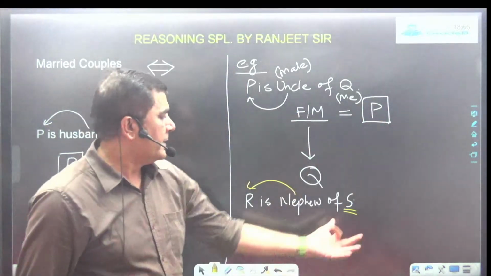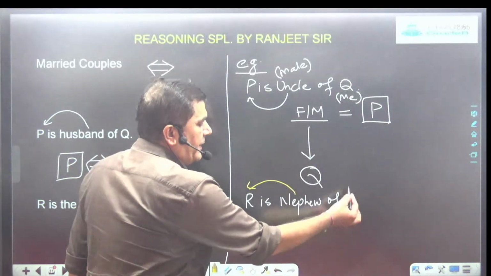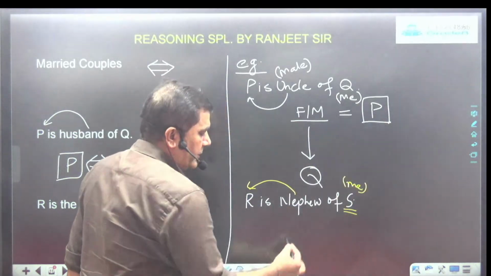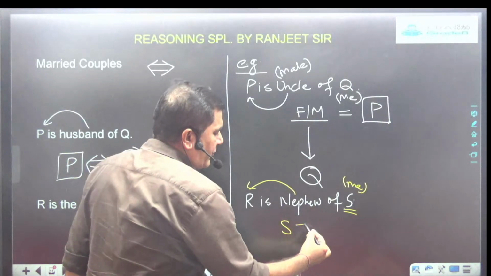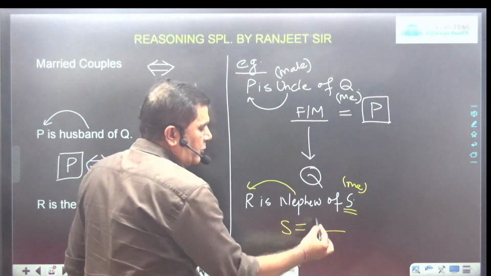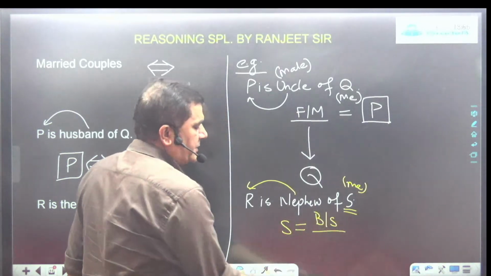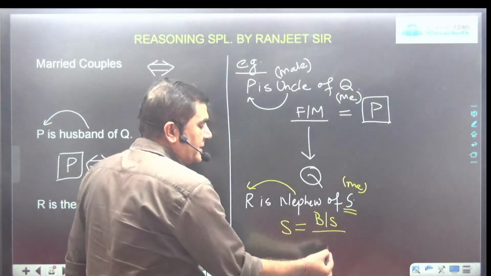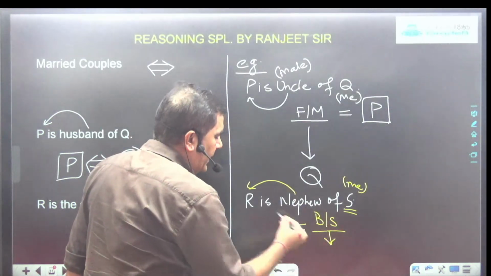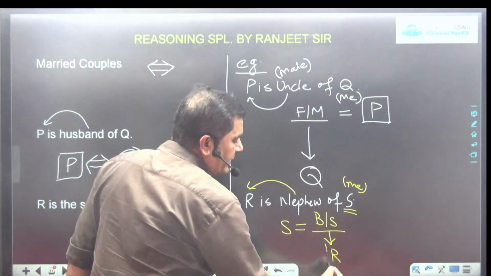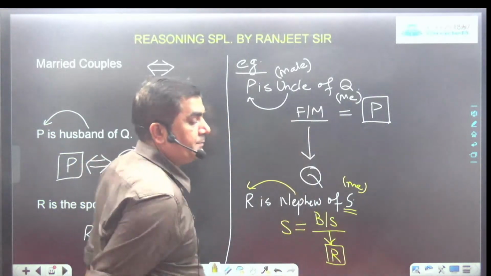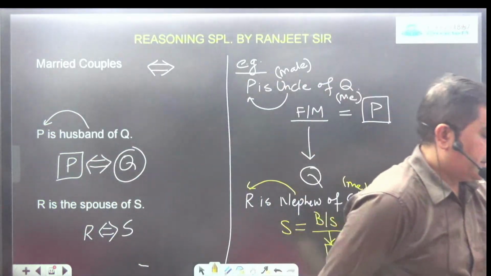So let's start. I am assuming myself to be S. Here, me, S. My brother, sister. For brother, sister, I'm going to use the symbol equal to. So here comes my brother or sister. And nephew is nothing but my brother, sister's son. Son will be over here. And nephew means male. Clear?